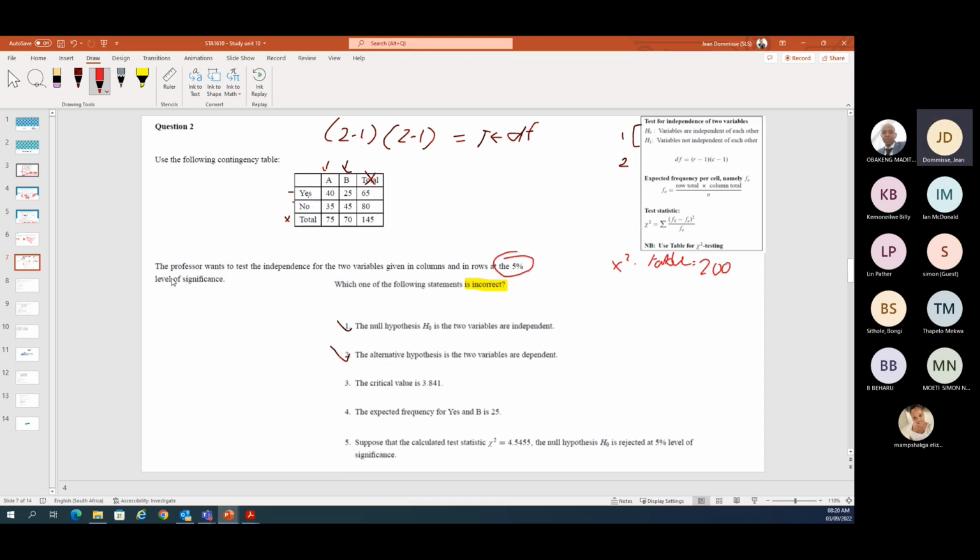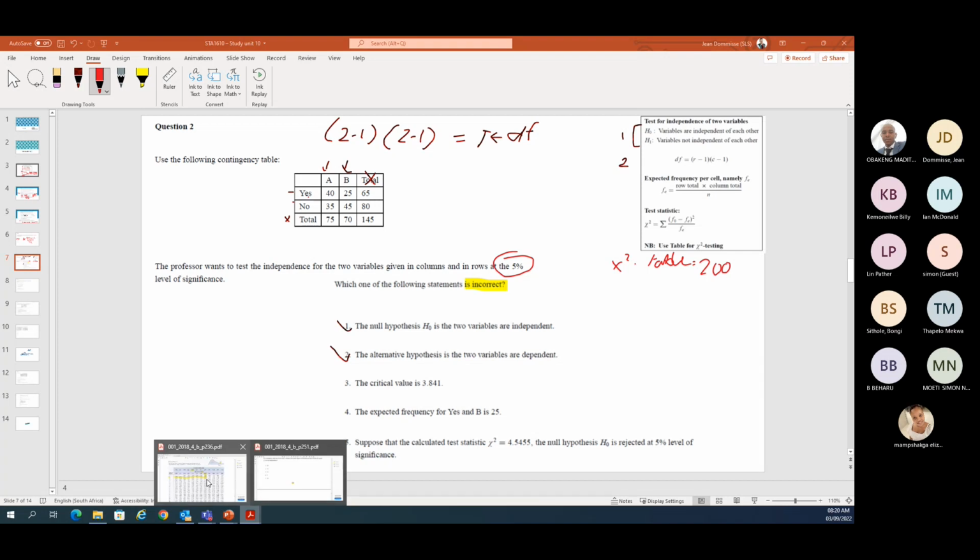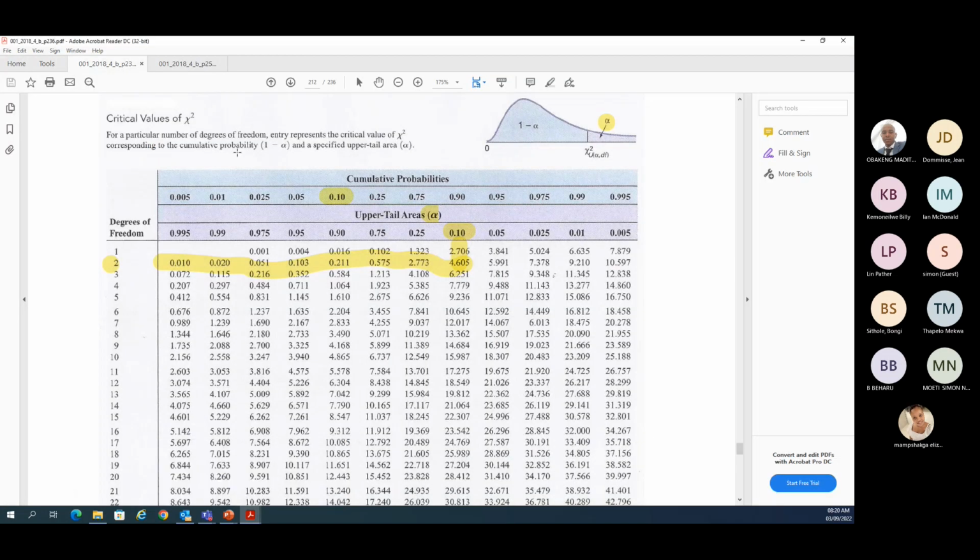The professor wants us to test it against 5%. So let's look at that table. Okay, so 5%. Let's go at the top, 5%.